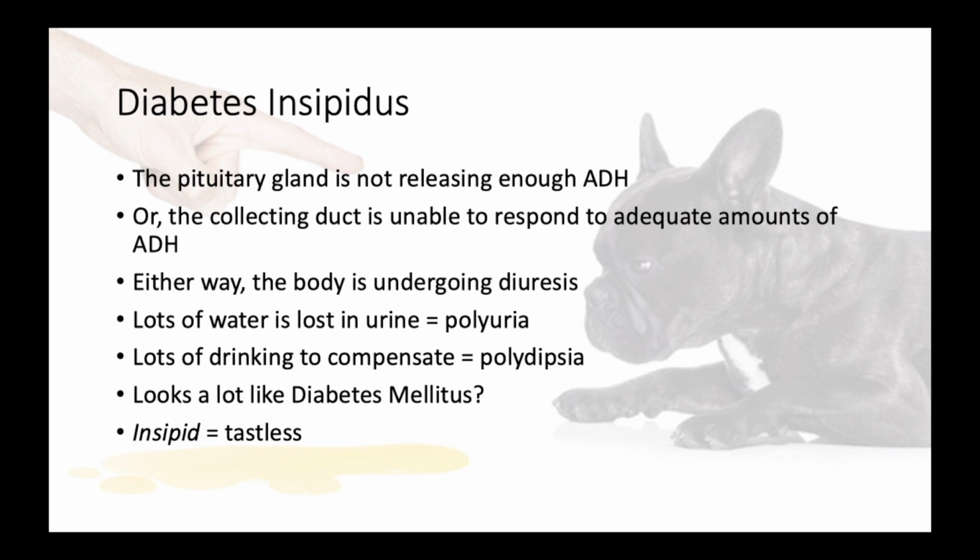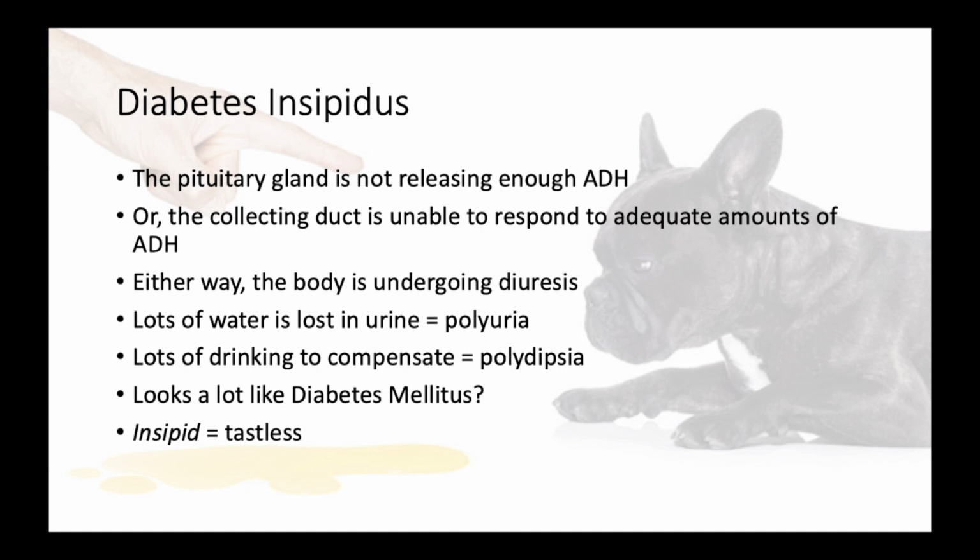Diabetes insipidus is this disease whereby the pituitary gland is not releasing enough antidiuretic hormone, which would, of course, result in diuresis, or the collecting duct is unable to actually respond to adequate amounts of the antidiuretic hormone. Either way, the body is undergoing diuresis. Lots of water is lost in the urine, so we're creating huge volumes of urine, so we've got polyuria, and lots of drinking, of course, is happening to compensate, so we've got polydipsia.